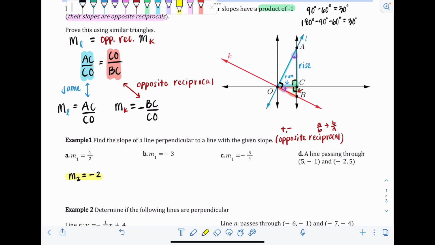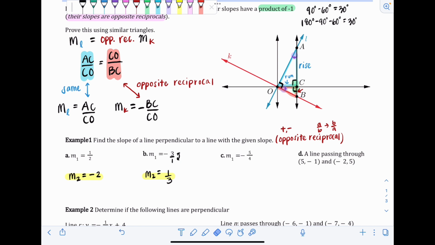And then for B, M1 is -3, so M2, the slope of line 2 that's perpendicular to it, would be the opposite. Since this is a -3, our slope will be positive. I can think of 3 as 3 over 1, and then take the reciprocal. If I flip that upside down, it'd be 1/3. So the slope of line 2, perpendicular to the original one, would be 1/3.